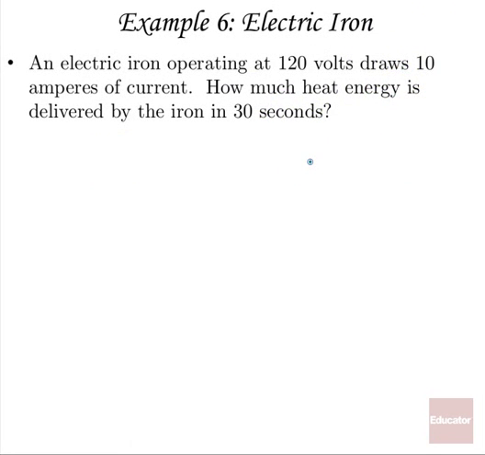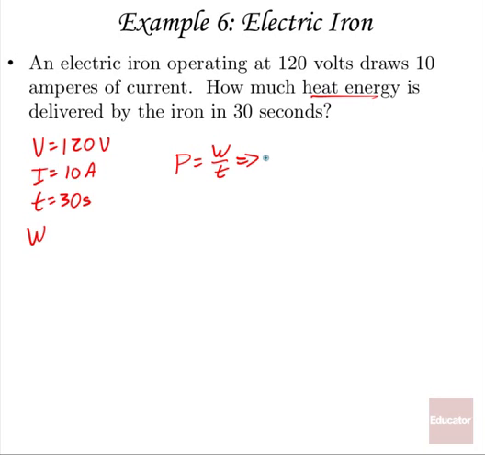Or how about an electric iron? We've got to go make our shirts nice and wrinkle-free. An electric iron operating at 120 volts, V equals 120 volts, draws 10 amperes of current. How much heat energy is delivered by the iron in 30 seconds? If we're looking for heat energy, what we're looking for is either work or energy. So let's say we're looking for W. Well, if power is work divided by time, then work equals power times time.